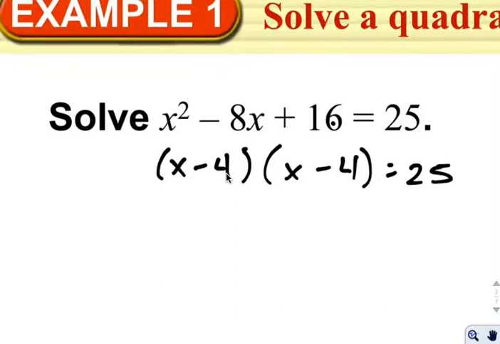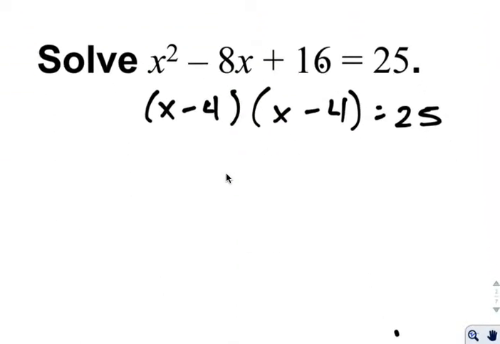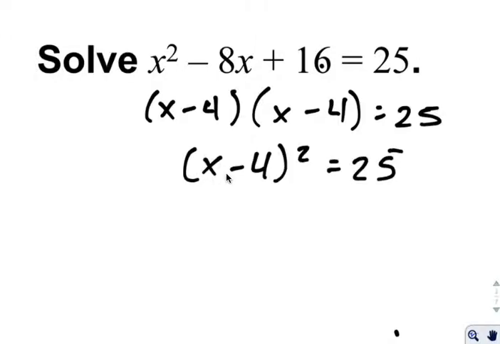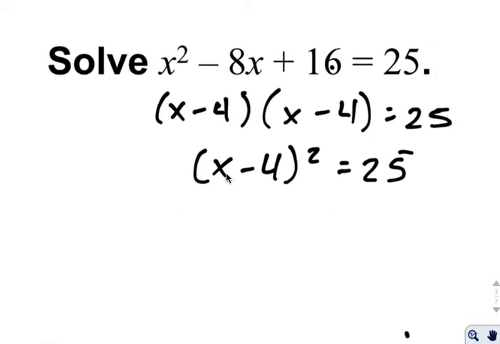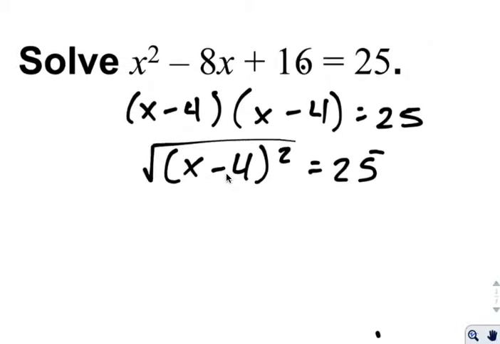So this is the same as writing x minus 4 squared equals 25, which is important because we know 25 is a perfect square and we can actually find a square root.